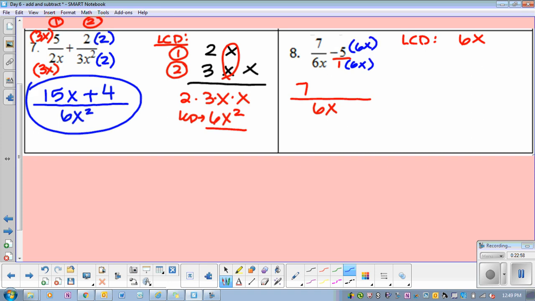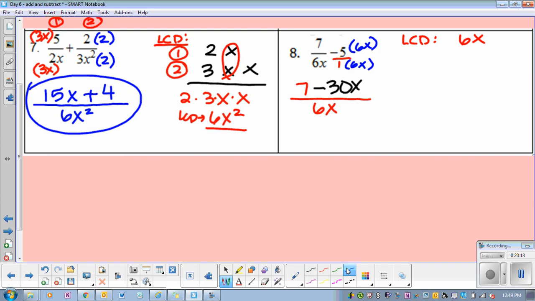So 7 minus 30x. Oh, oops, I thought I hit red. Do you have to write it in standard form? I mean, you can. But can you factor this, 7, 30? No, you can't.